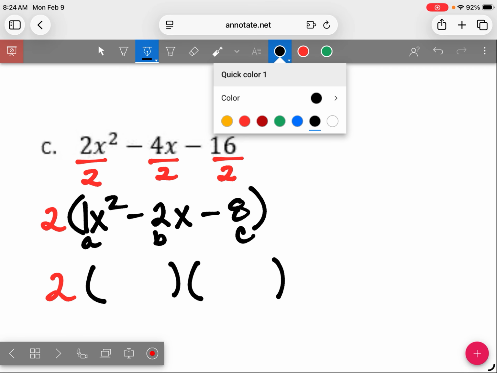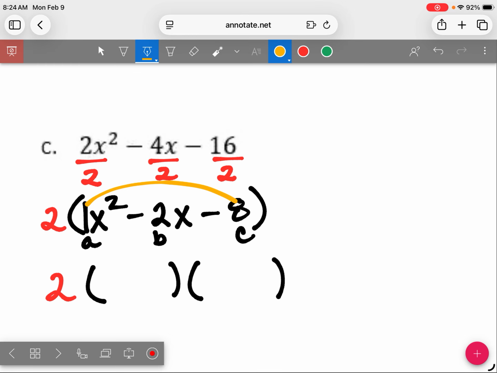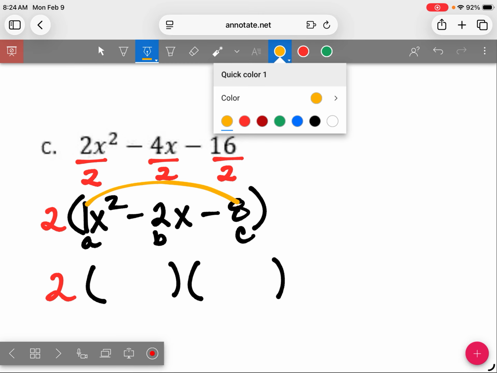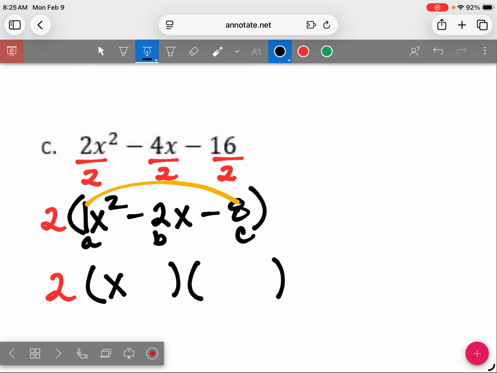So I want you to take 1 times -8. Well, actually, sorry, before we do that, go ahead and put your X in the front of both. All right, so now we're going to take 1 times -8, put that on top. B goes on the bottom. Don't say it out loud.